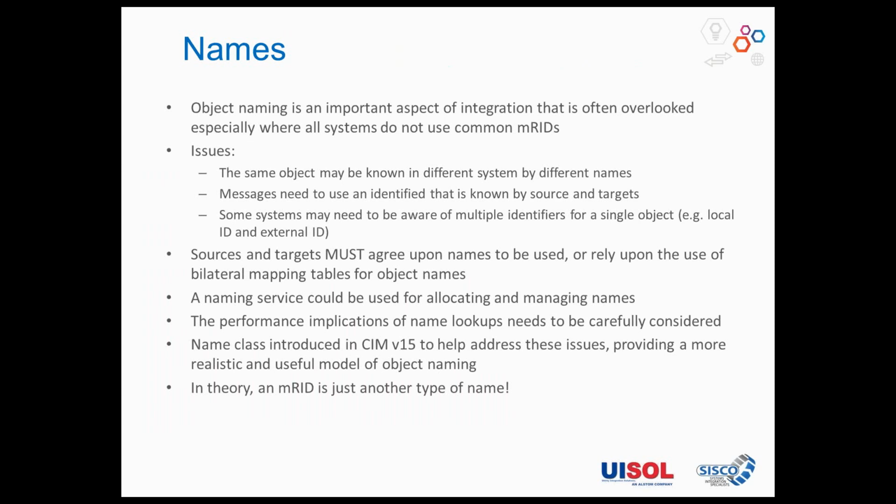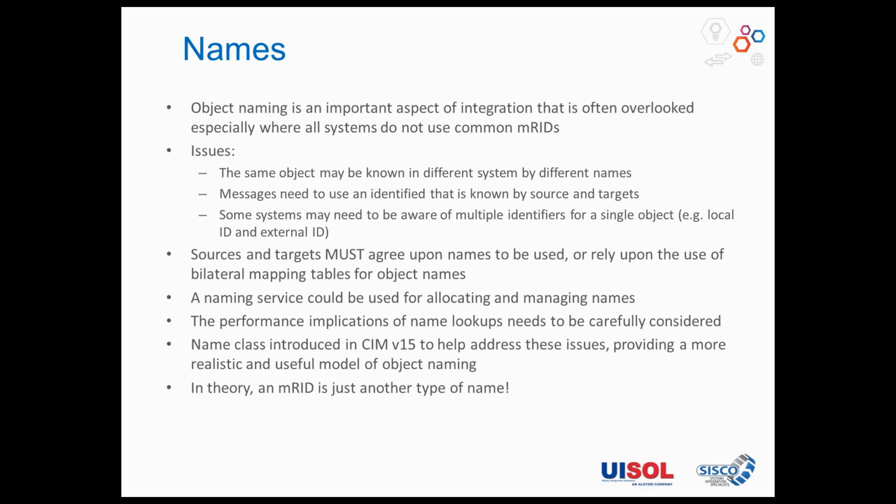And the current CIM was flat. It would only allow you to have a local name, a path name, things like that. It was a very flat implementation. We needed to really have an array of names so that we could do this.